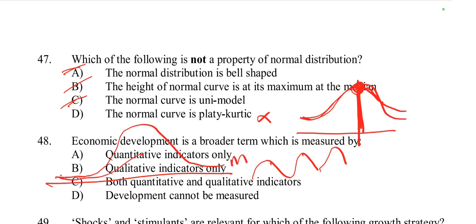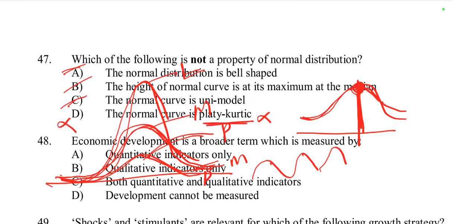Then the flatter curve is called platykurtic, and this one is called leptokurtic. The tallest peak is leptokurtic, the middle is mesokurtic, and the flatter one is platykurtic. So the normal distribution is mesokurtic, not platykurtic. So option D is incorrect.